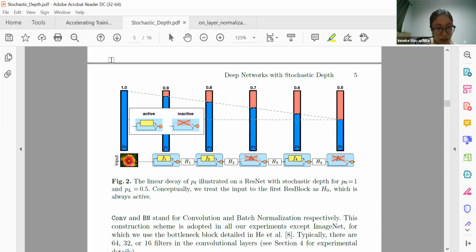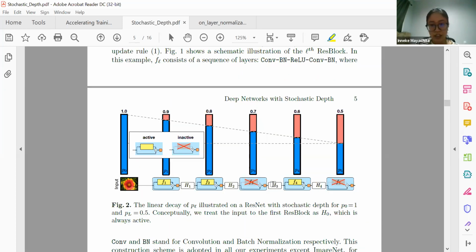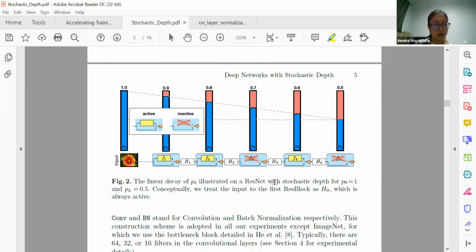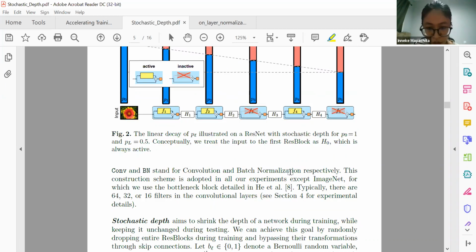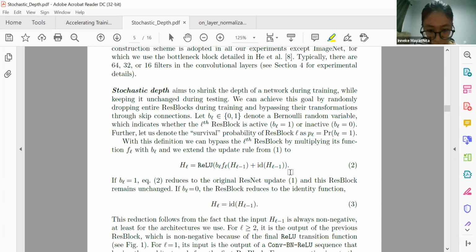So we see in the earlier layers, we keep all of the ResNet blocks, and then along the depth dimension of the model, we drop more and more layers. This way, we are hoping that during the training the model will be smaller, but when doing the inference, we will use the whole architecture of the model, and we don't drop any layers. So they also add.